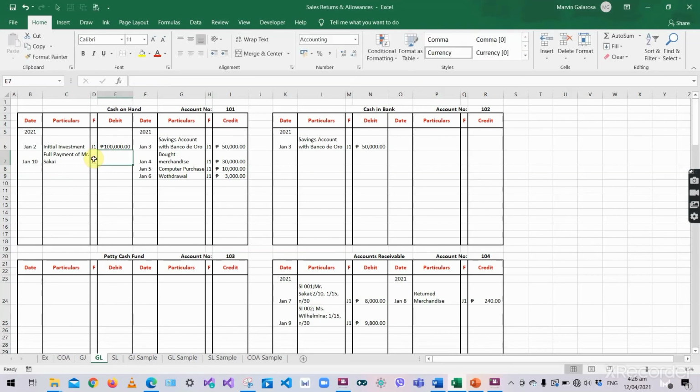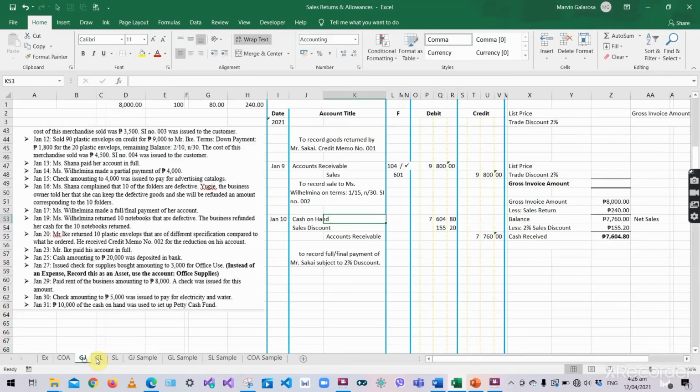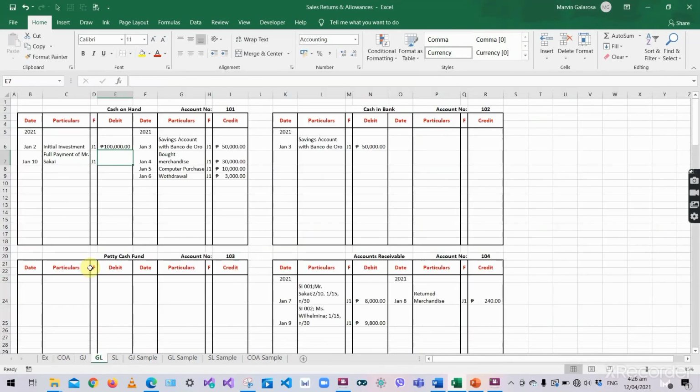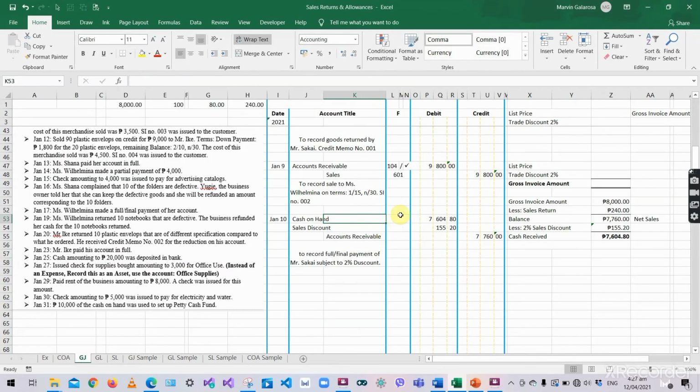Journal 1. Debit na 7,604.80. Account number 101.